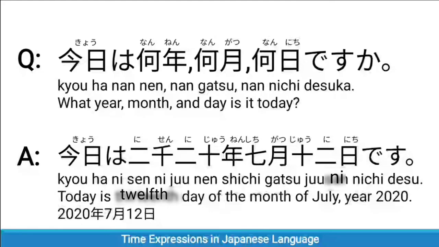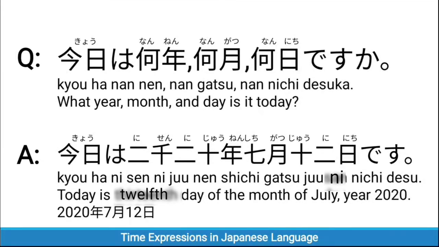Ang sagot niya, for example, today is July 12, 2020. Kyou wa 2020年7月12日です。Today is 12th day of the month of July, year 2020. Okay? Sige.